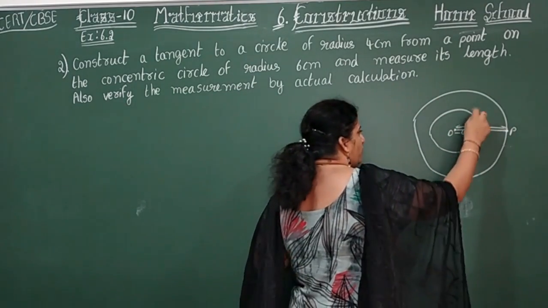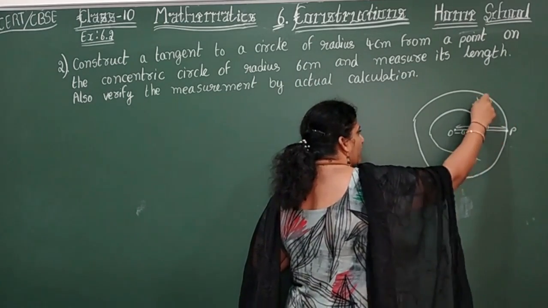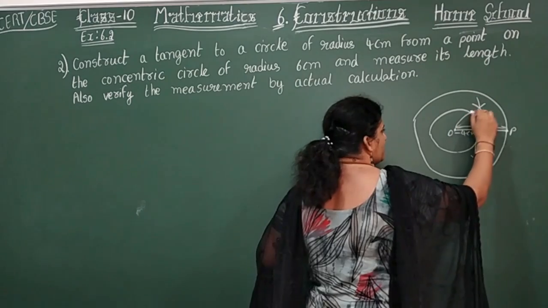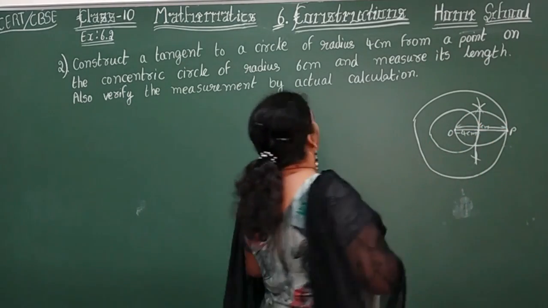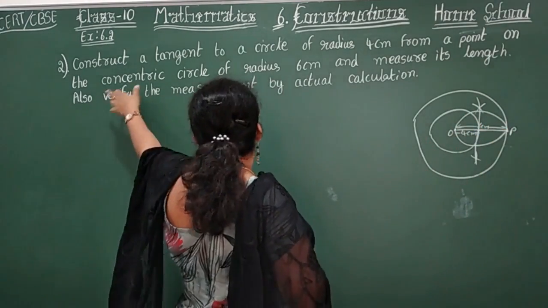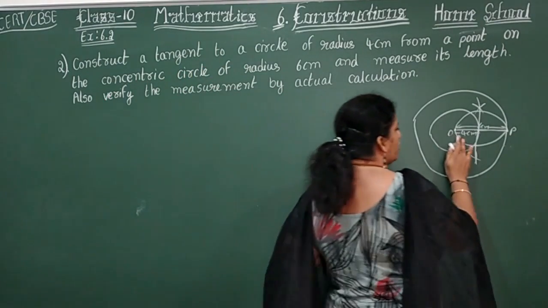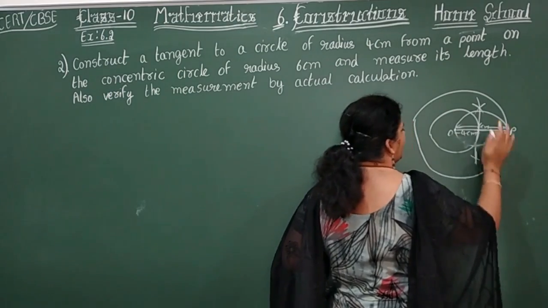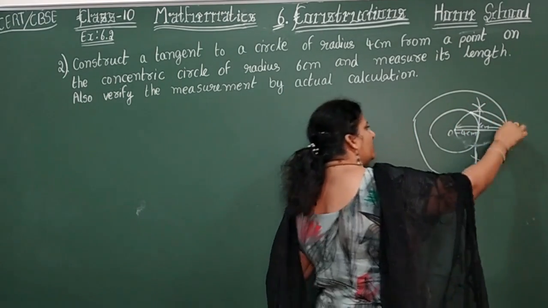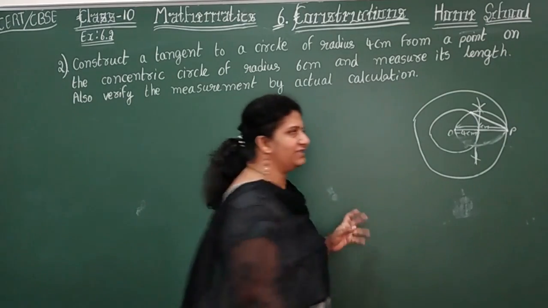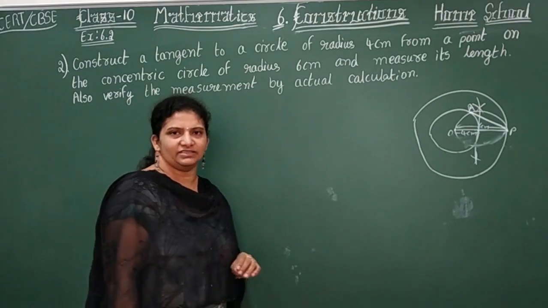So now more than half, cut, join, semicircle. If pair means 2, look here, how many tangents they asked here? Only one, children. So no need of full circle here, only semicircle enough. Semicircle touching the circle, that is only a tangent. So let's mark it. AP is a required tangent.